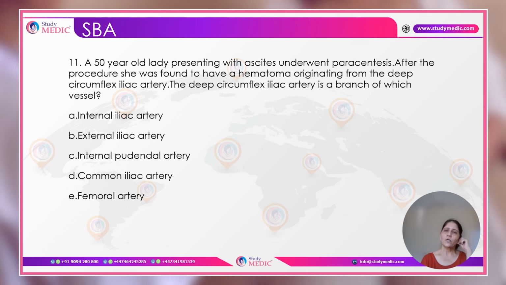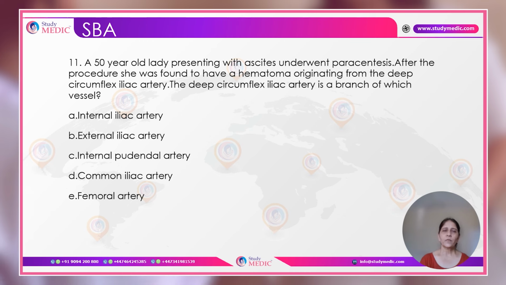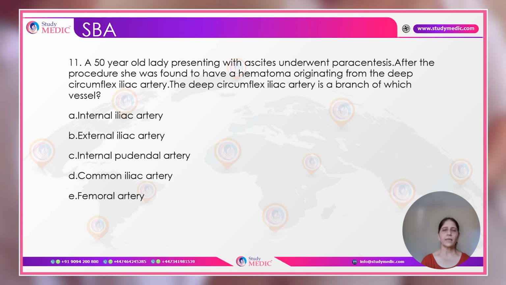You have to know all the branches of the internal iliac artery. Definitely deep circumflex iliac is not a branch of the internal iliac artery. Internal pudendal artery, we know it is a branch of internal iliac, so that leaves out the internal iliac. Common iliac is an artery which is much higher up, so you are unlikely to traumatize the common iliac artery.